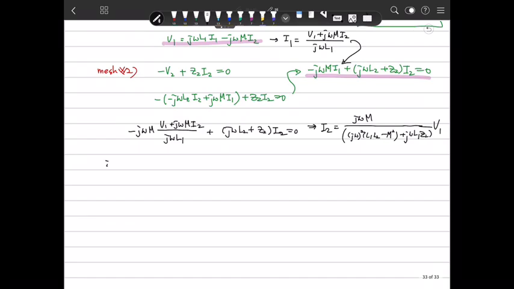So if k is 1, that means M is the square root of L1 L2.